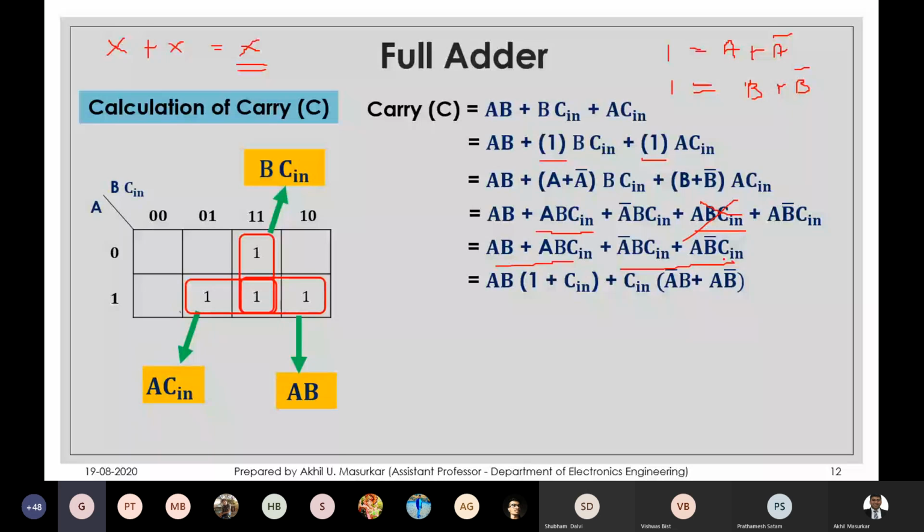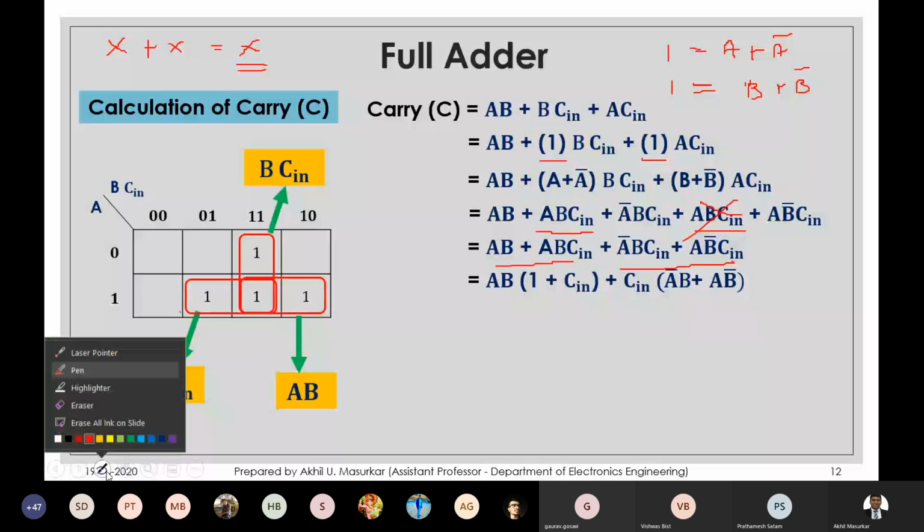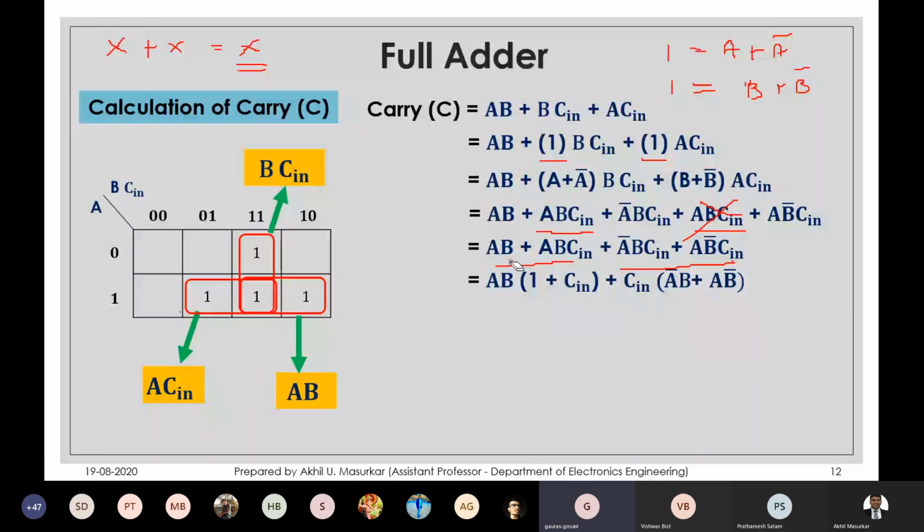Sir, the first term does not have C. Why will you not add C? The first term doesn't have C, I didn't get it. The first term has AB only, no?